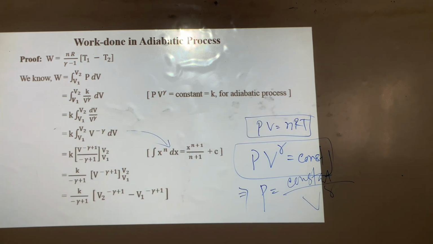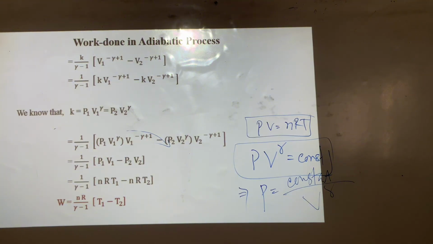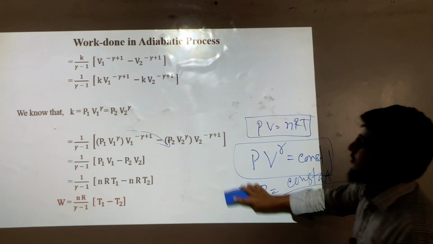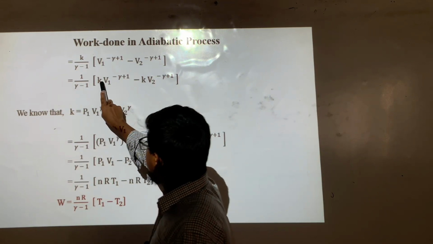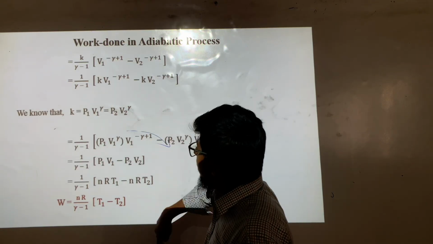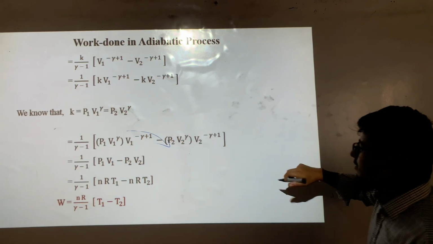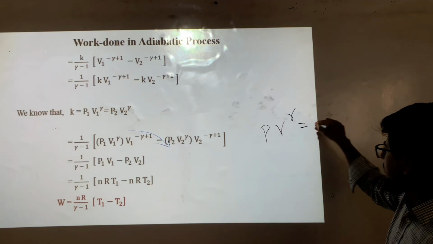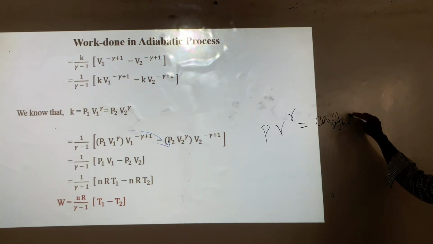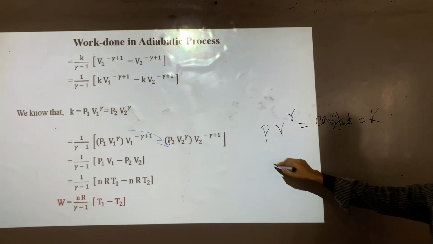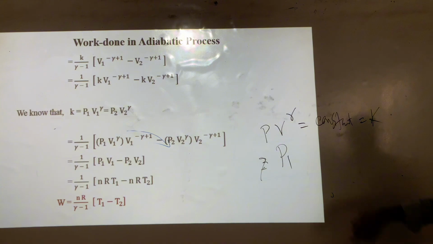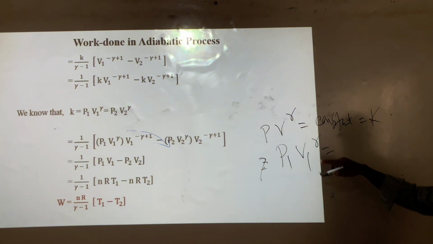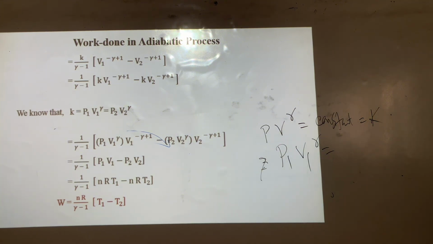Before that, do you have any questions? I've just done a multiplication with K. Earlier, you remember I wrote PV to the power gamma is constant. That constant is K, meaning that if you take P is equal to P1, you will find volume V equal to V1. For different P's, you will get different V's.